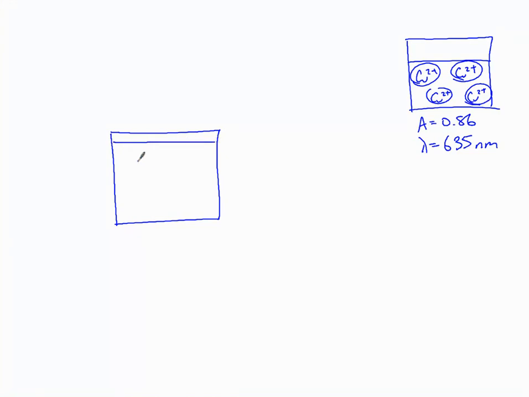So first off, the question is, sketch the particulate diagram. Here's the water level. Here's a copper. Here's a copper. Here's a copper, and here's a copper. So now we have to ask what changed.